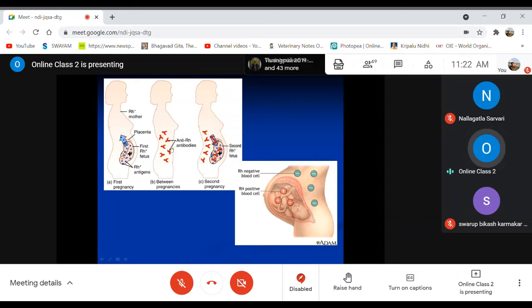Whereas in the blood circulation of the mother, who is Rh negative, there are anti-Rh antibodies. These will be in the circulation of the mother and will pass through the placental barrier and go into the fetus.